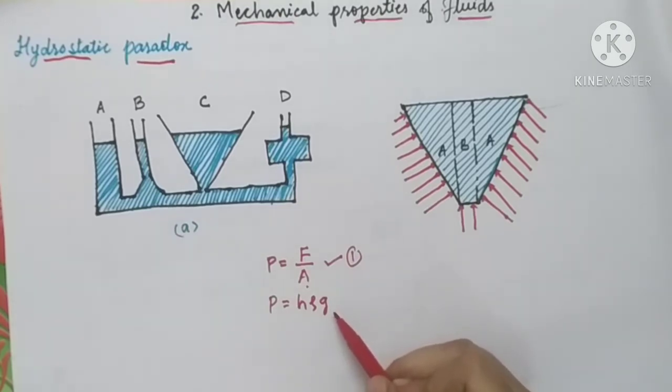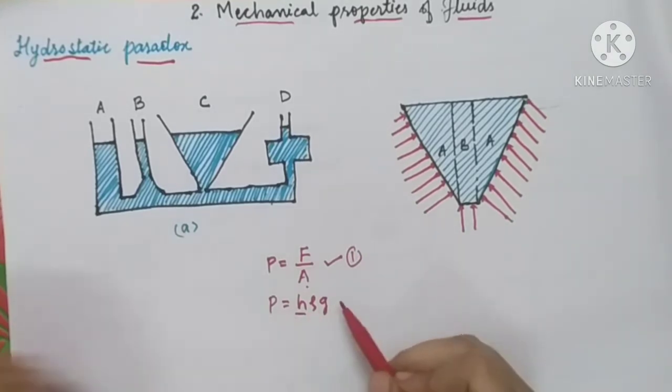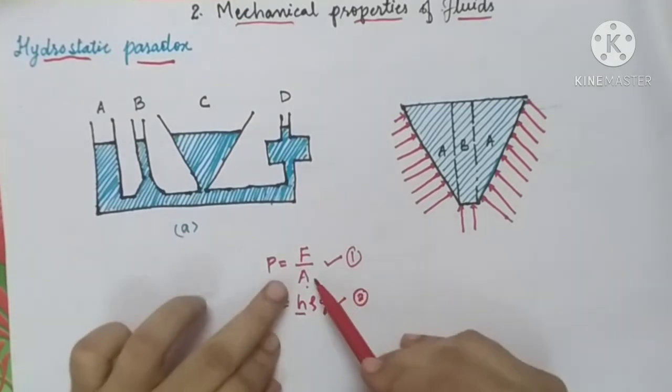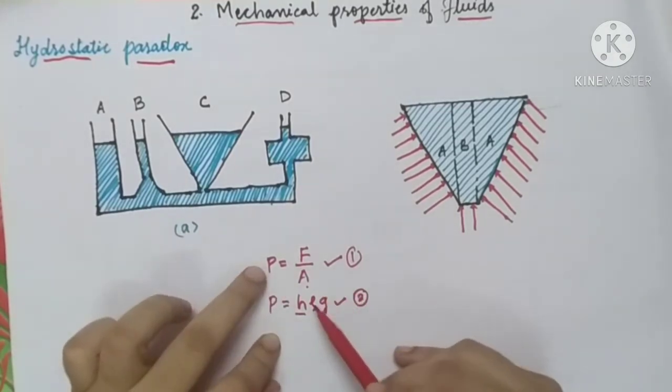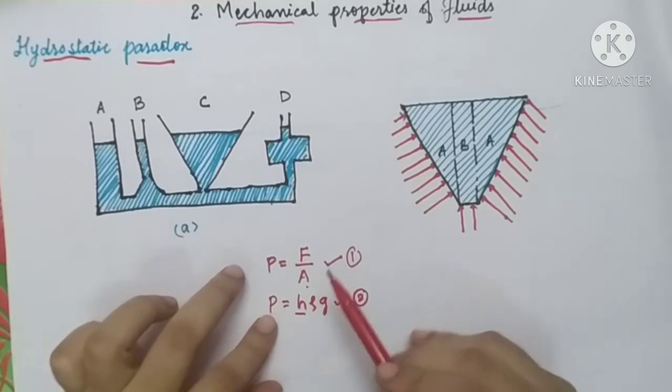Gravitational acceleration at one particular place is also constant. The only variable here is h, the height of the liquid column. Greater the height, greater would be the pressure. We should keep these two things in mind: smaller the area, greater is the pressure, and greater the height, greater is the pressure exerted by a liquid.